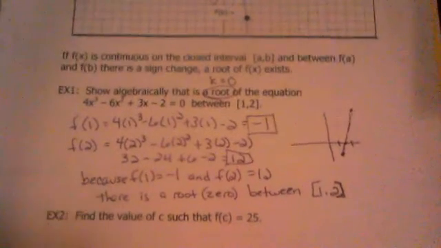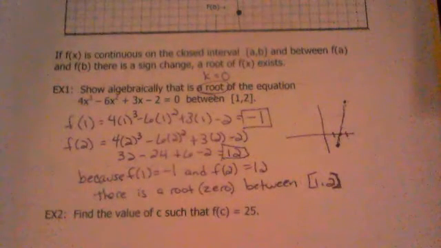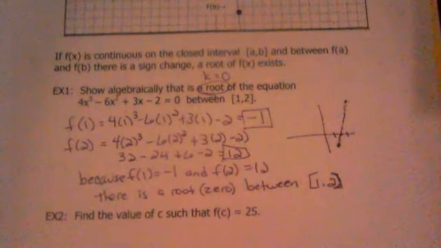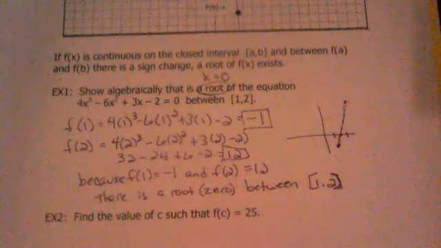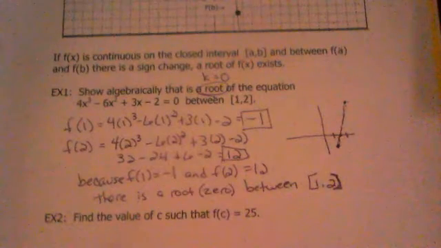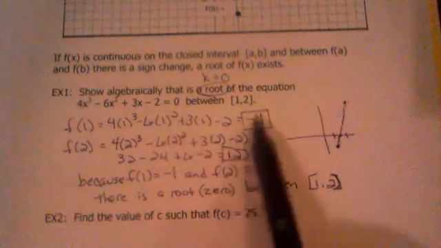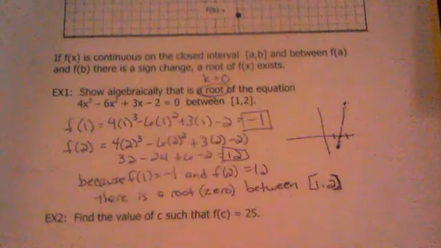I'm sorry, you couldn't see what I was writing again. Because f of 1 is negative 1 and f of 2 is 12, there has to be a root, or a 0, between 1 and 2. And that's all there is to it. Test these values, see if they're on opposite sides of the k value they're asking you to find.